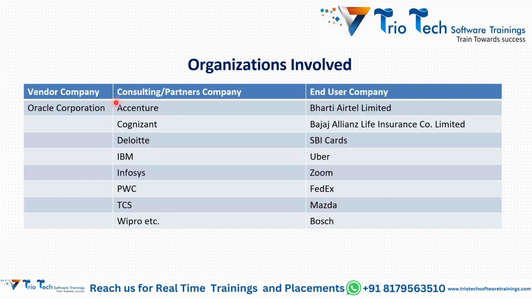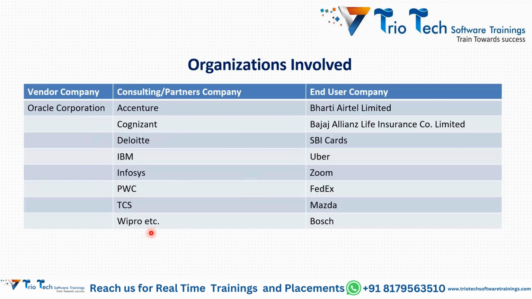These partner companies have separate Oracle practices. As a practice team or implementation team, they will require various consultants to implement for the end user companies. So that is where a lot of opportunities you can expect.